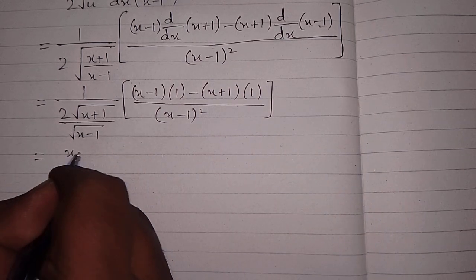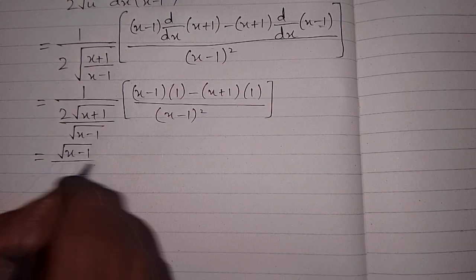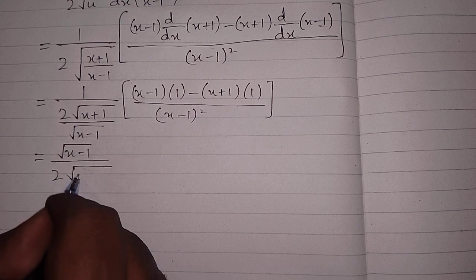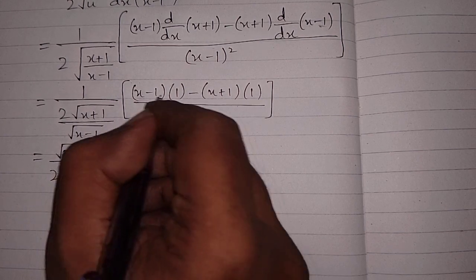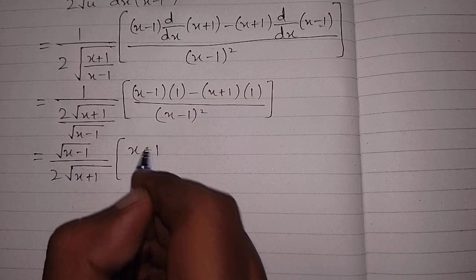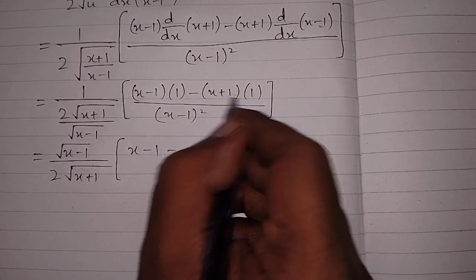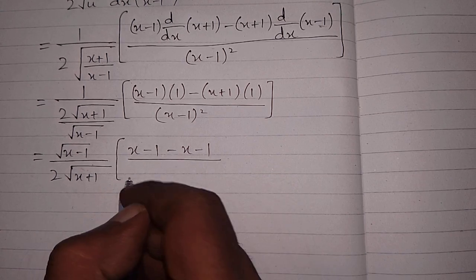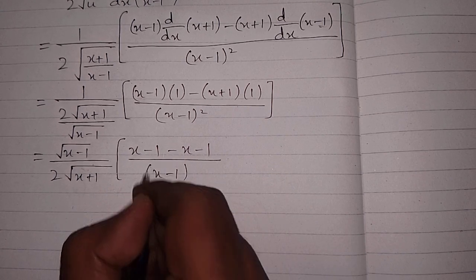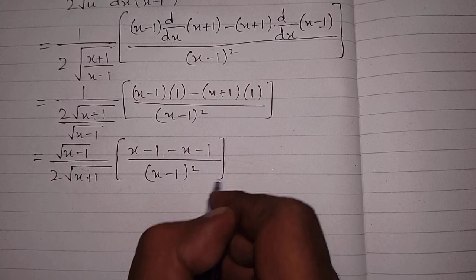Now this can be written as square root of (x minus 1) upon 2 square root of (x plus 1), and 1 multiplied by (x minus 1) is x minus 1, and minus times (x plus 1) is minus x minus 1, upon (x minus 1) whole square.